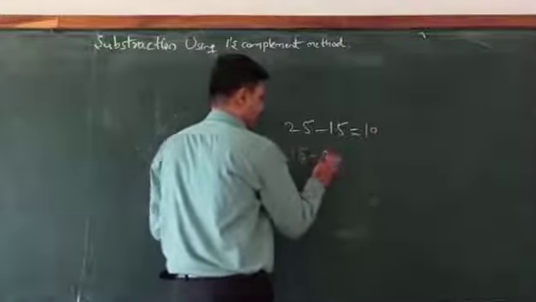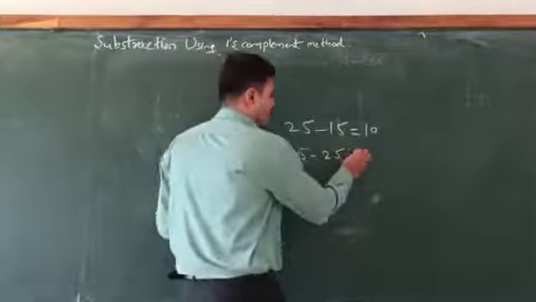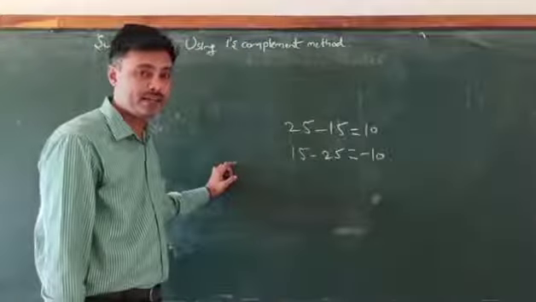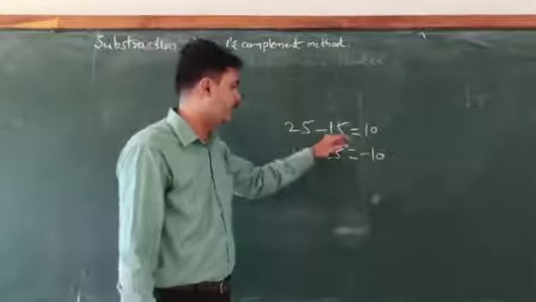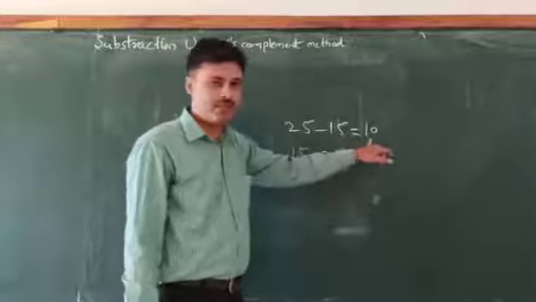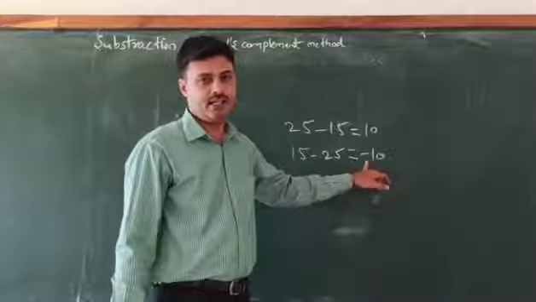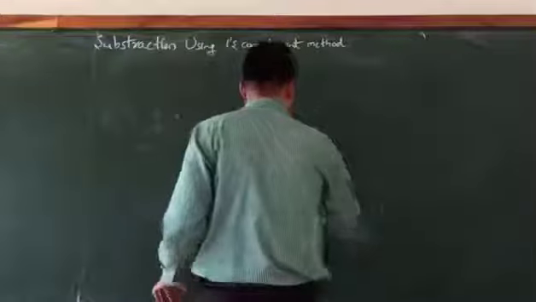What about 15 minus 25? The answer will be minus 10. There is a difference in signs. 25 minus 15 means plus 10, 15 minus 25 means minus 10 here. There is a difference. So we learn one by one.